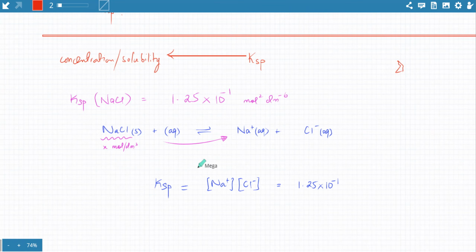So if x mole per dm cube dissolves, what amount of sodium ions are produced? x mole per dm cube. And what amount of Cl ions would be produced? That's also x mole per dm cube.